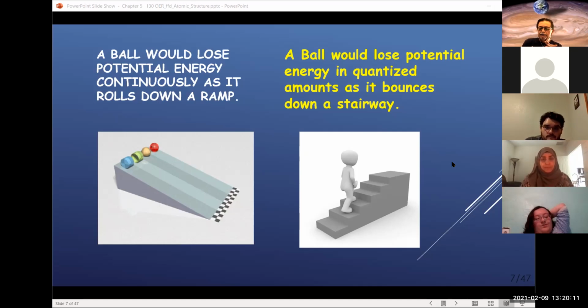But he proposed the idea that it is more like a stair step, and that we have what we call the ground state, which would be the floor, that's your stable state, and then you move up to a next step of a specific energy amount. And so all the energy levels are quantized and specific, not continuous like the image on the left.